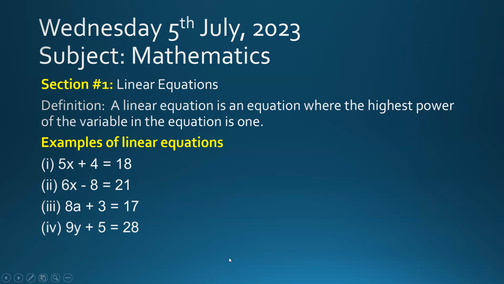Eight x minus 5 equals to 27. All right, so the first step that we're gonna do is what? For those who know how to do this, what is the first step? Subtract 4 from both sides.